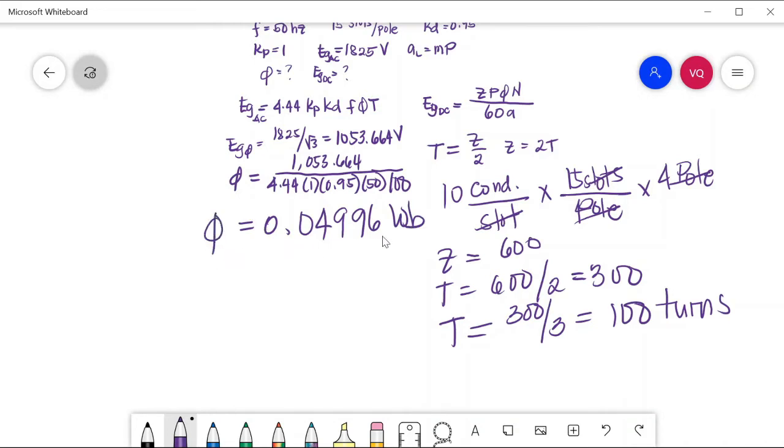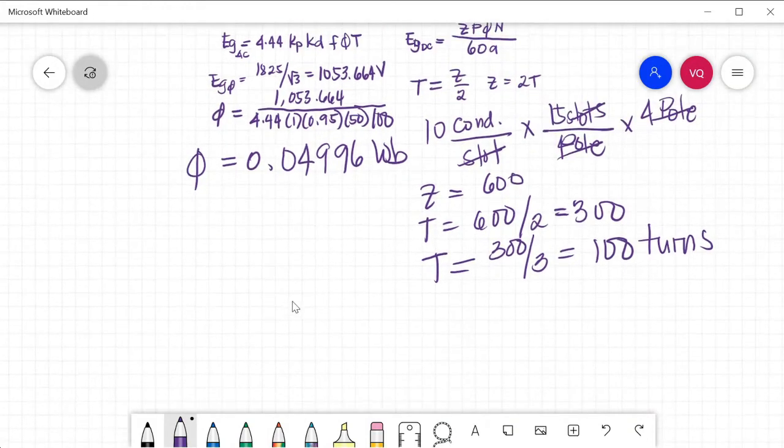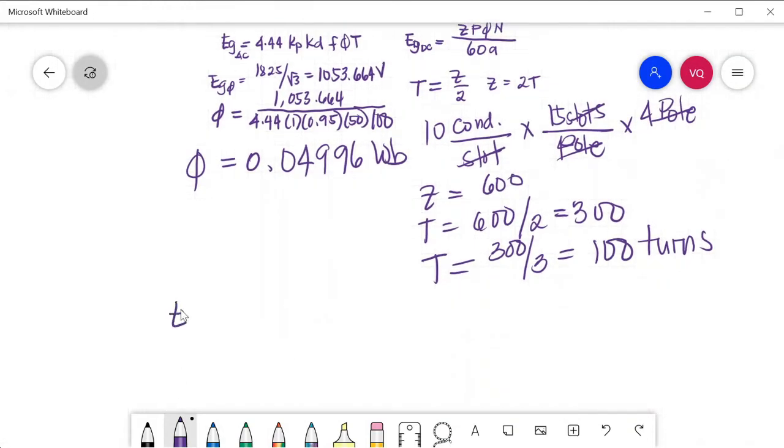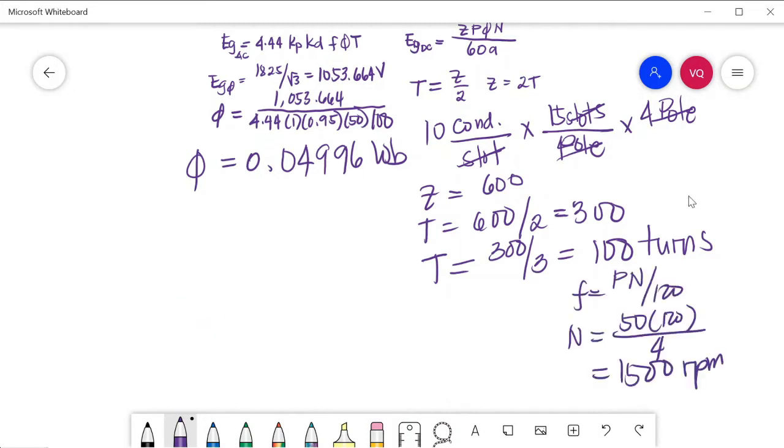So we will use this one in computing our generated voltage in DC. So EG DC is equal to, solving now the generated voltage in DC. So EG is equal to Z P phi N divided by 60A.